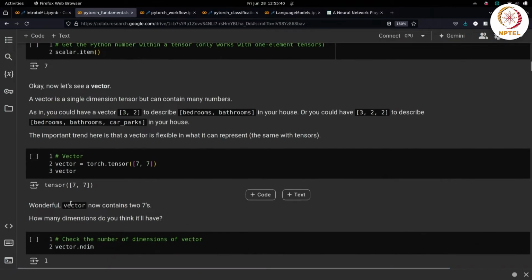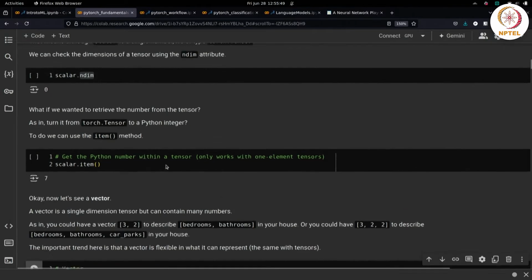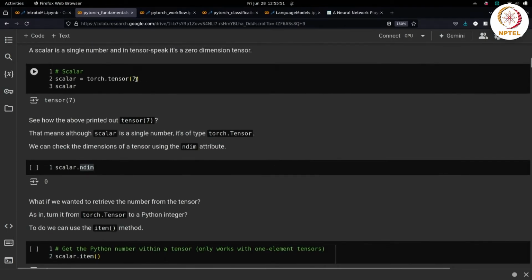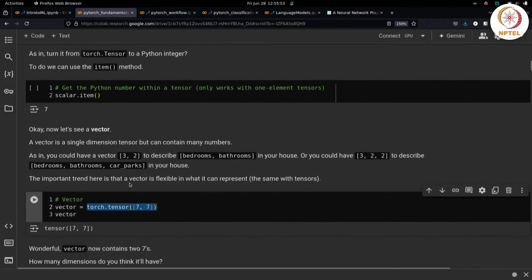Now let's say that instead of just a scalar, you want to create a vector. The syntax is still the same. When you compare it with the scalar, where you were just using one element, here you are passing a list, right? If you pass a list of numbers, it would create a vector tensor out of it.